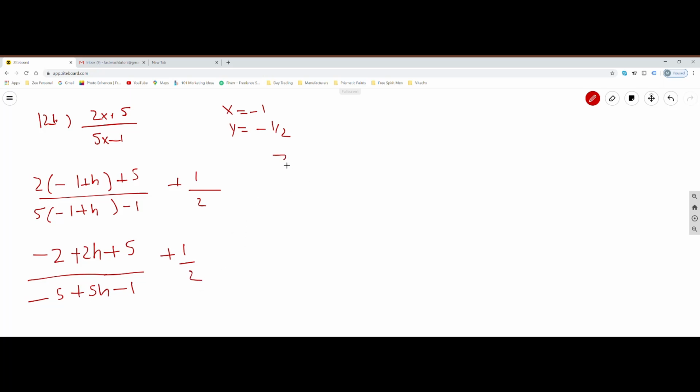Then you have 3 plus 2h over negative 6 plus 5h minus 1 over 2. So now that we have a common denominator, we have to multiply this by negative 6 plus 5h, and this one by 2.